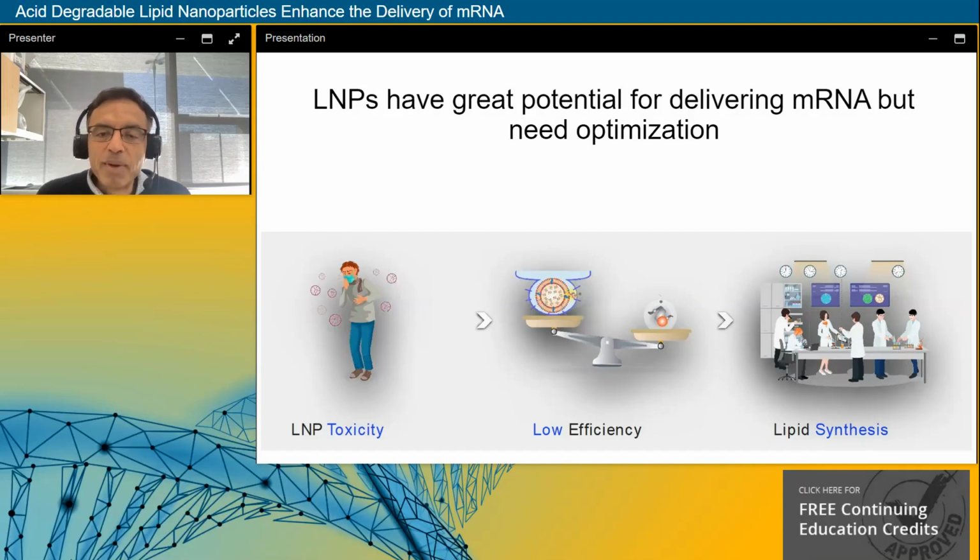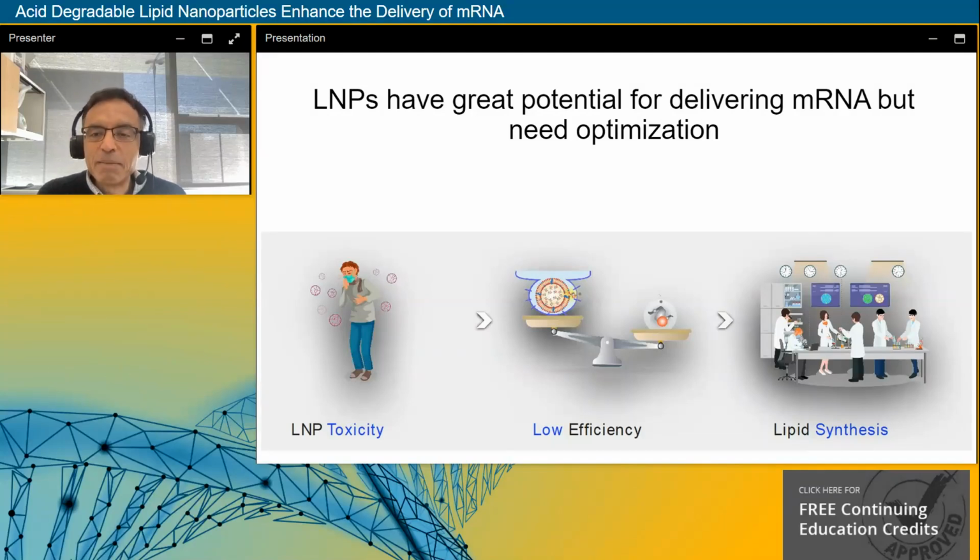The second problem affecting lipid nanoparticles is that they deliver messenger RNA very inefficiently. The vast majority of what they deliver gets trafficked to lysosomes and degraded there. And this prevents them from being used for a variety of therapeutic applications. And the final one, which I will not talk about today, but there are active projects in the lab on this, is lipid synthesis.